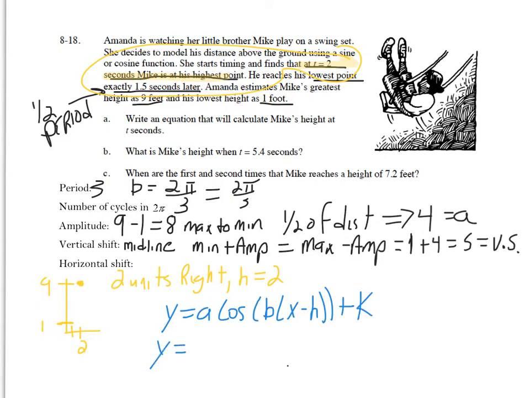So y equals 4 times the cosine of 2 pi over 3 times (x minus my horizontal shift of 2), plus the vertical shift of 5.